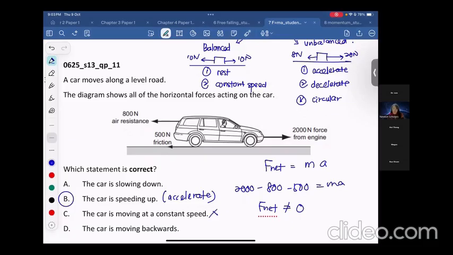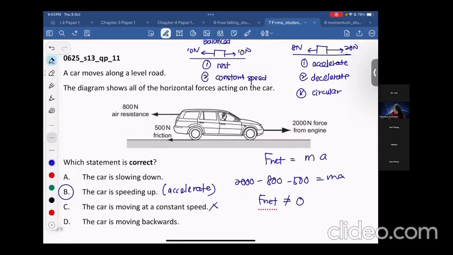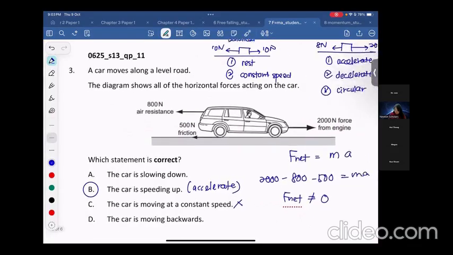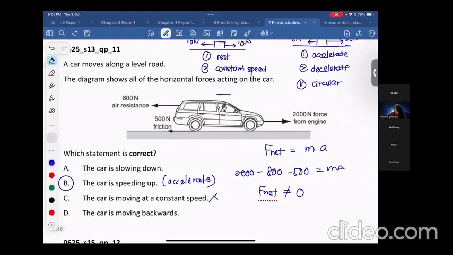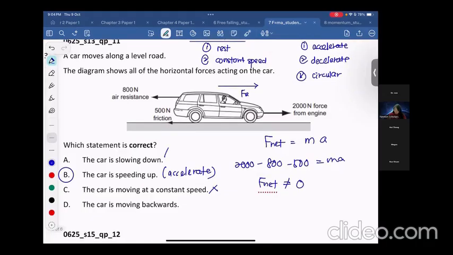Why is the car not slowing down? You see the resultant force we get is in this direction, the same as our motion. So we will speed up. Let's say slowing down is the case.